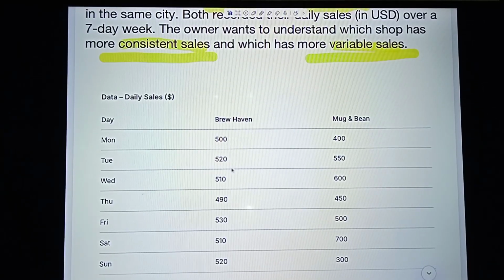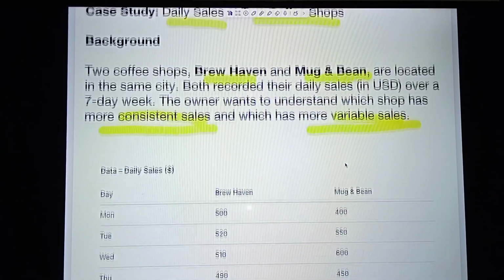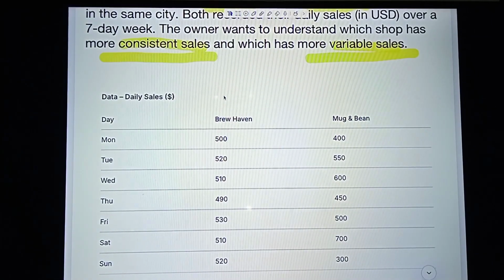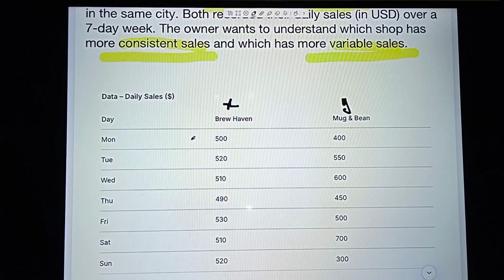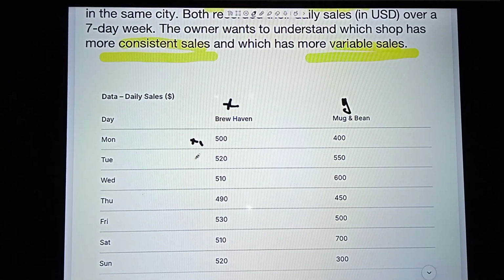Similarly, for Tuesday, Breve Haven's sale is $520 and Mug and Bean's is $550, and so on. The first value will be x1, the second value will be x2, and so on. The last value will be x7.